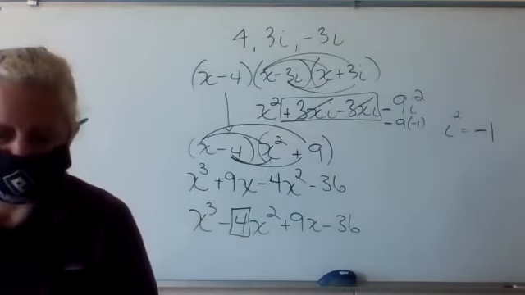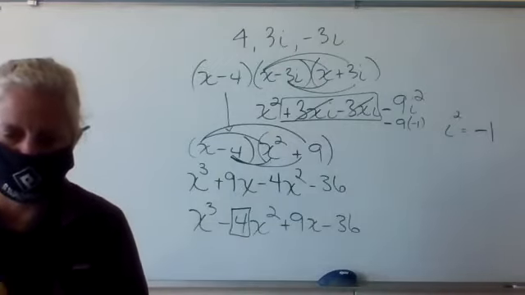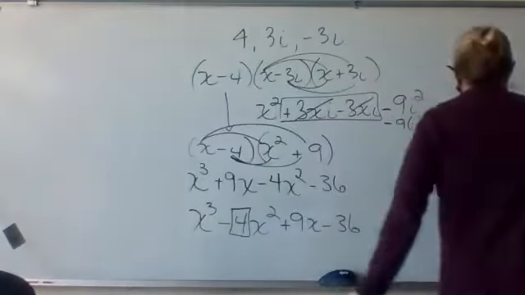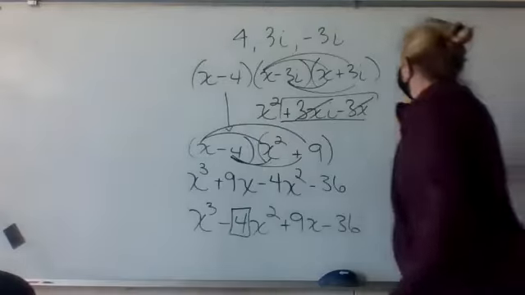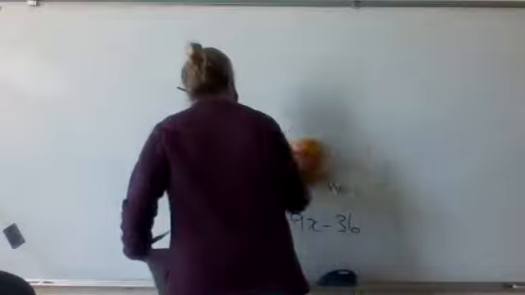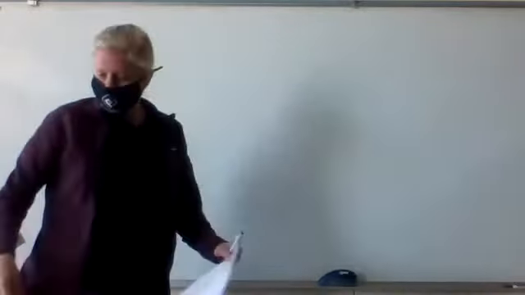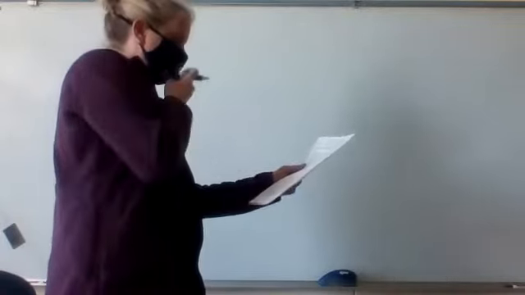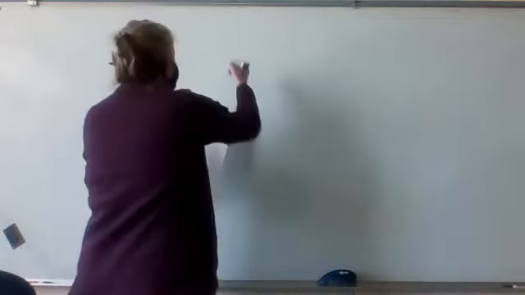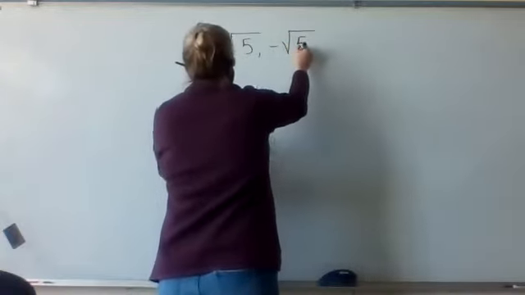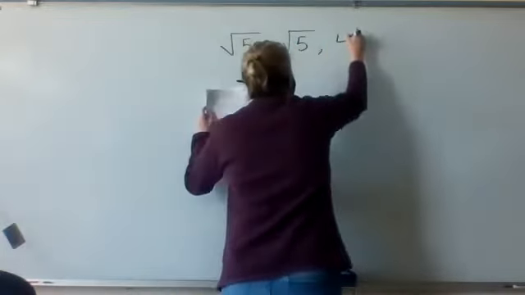All right, let's look at number 3. Same thing. Finding the polynomial function, the zeros are square root of 5, negative square root of 5, and 4.